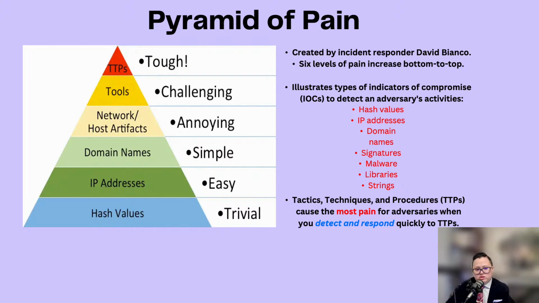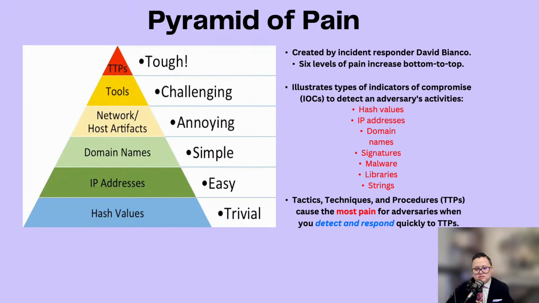Now, if we block them from, let's say, network and the firewall, it can be annoying, right? But the ultimate one is TTPs, where you can really create some pain here.